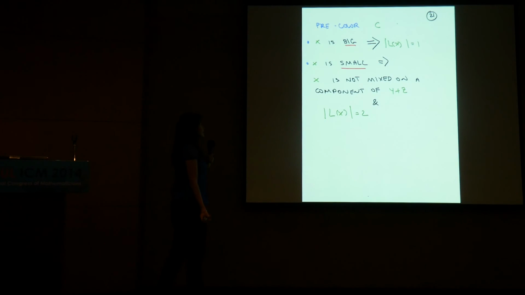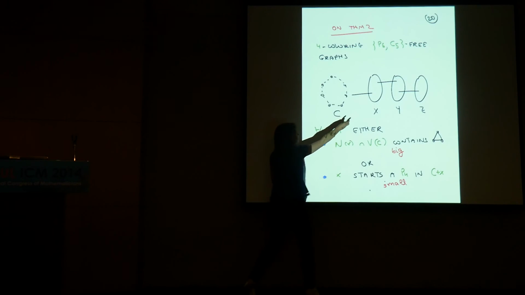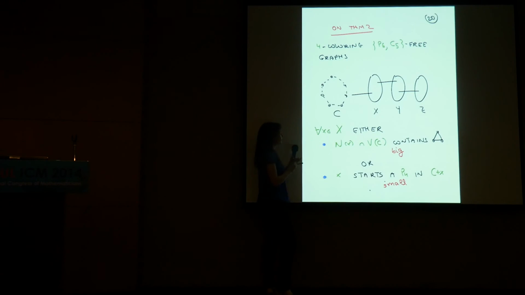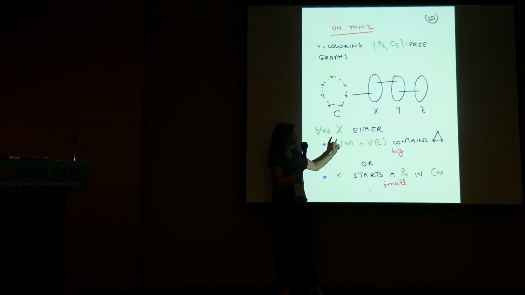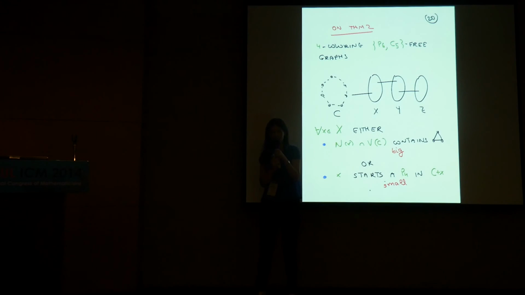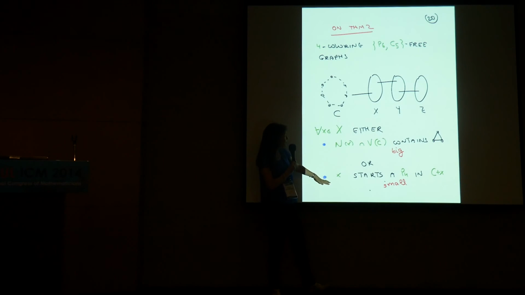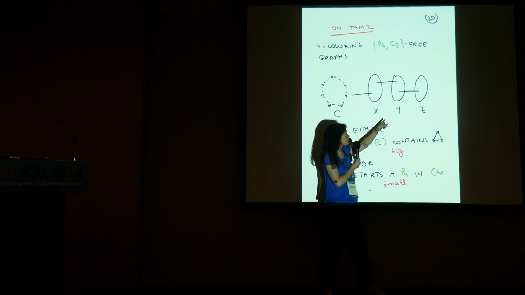If somebody wasn't adjacent to a triangle, its list is still big, but at least it cannot be mixed on a faraway edge. If somebody here starts a 4-vertex path going in this direction, it cannot also start a 3-vertex path going in that direction. That will give you a P6. So that means somebody who is small, who is of the second kind, cannot be mixed on a component of that stuff.